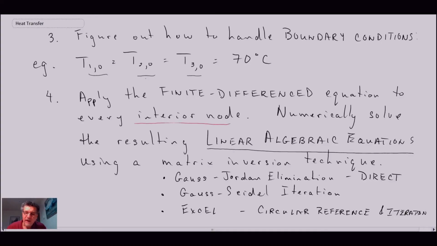So those are different techniques that we can use to solve our set of linear algebraic equations that result from each of the interior nodes and applying the finite difference equation to them. And once we've done that, what will come out of that process is that we will obtain T_m,n for all of the interior nodes.